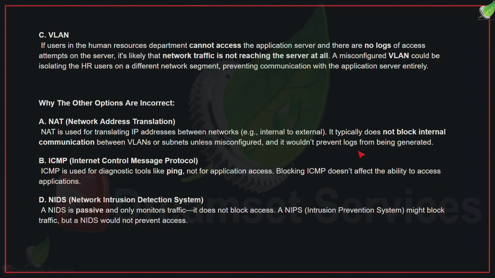Blocking ICMP doesn't affect the ability to access applications. D. NIDS. A NIDS is passive and only monitors traffic. It does not block access. A NIPS might block traffic, but a NIDS would not prevent access. Therefore, the correct answer is C. VLAN.